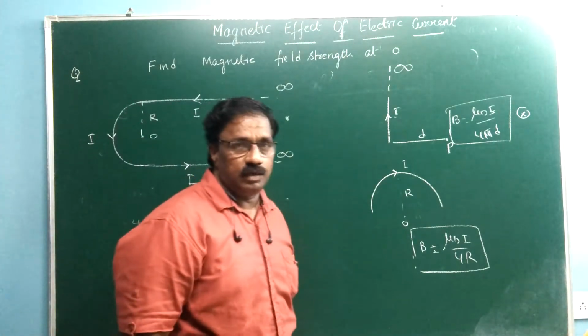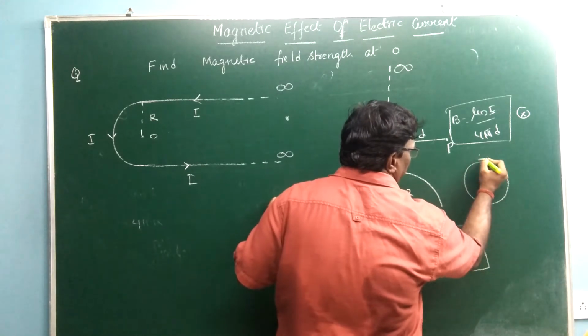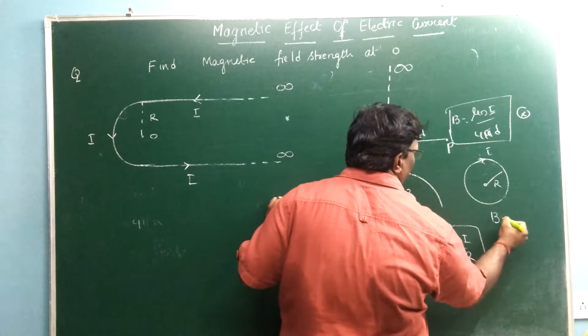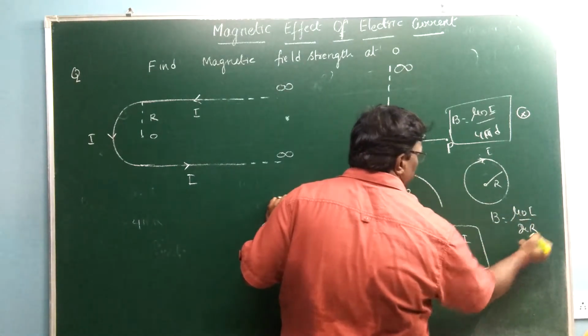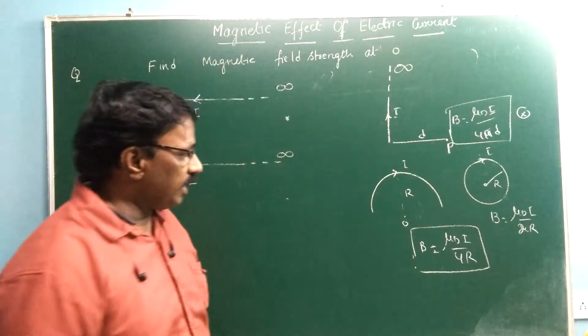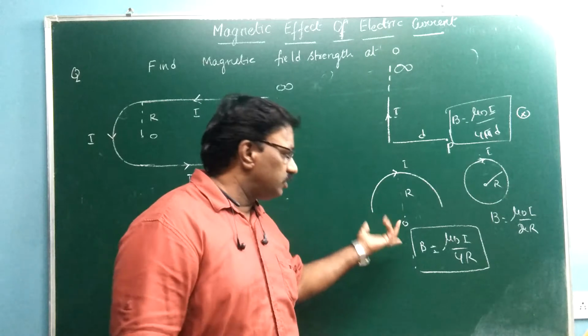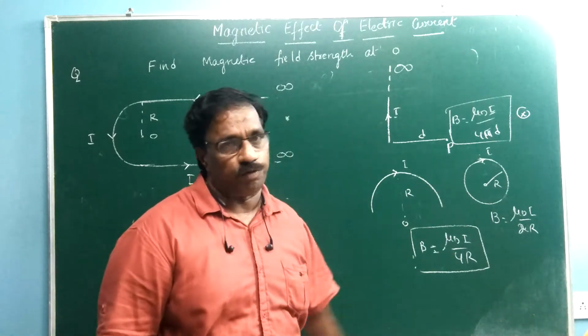And this is a semicircle. We know for a full circle carrying current I, if R is the radius, B equal to mu naught I by 2R. This is for a full circle, and here I am taking a semicircle. Either you can use the formula, because that is 2R for a full circle, for this it becomes mu naught I by 4R.